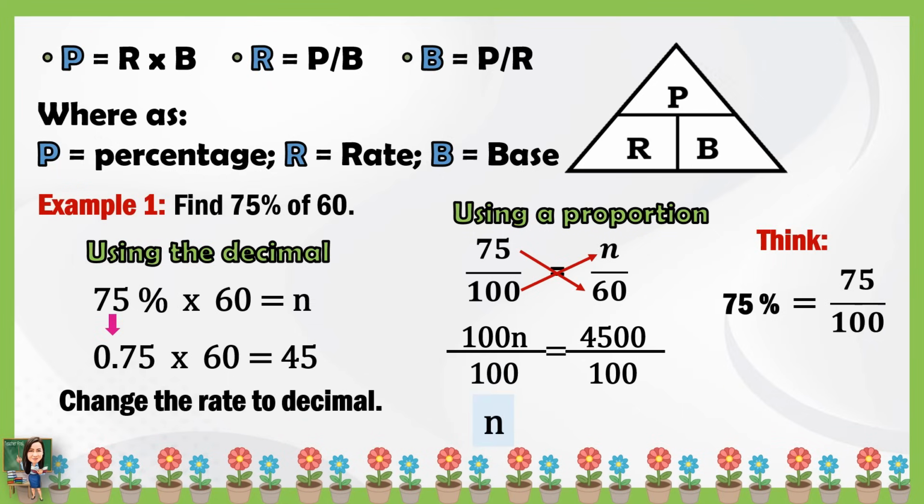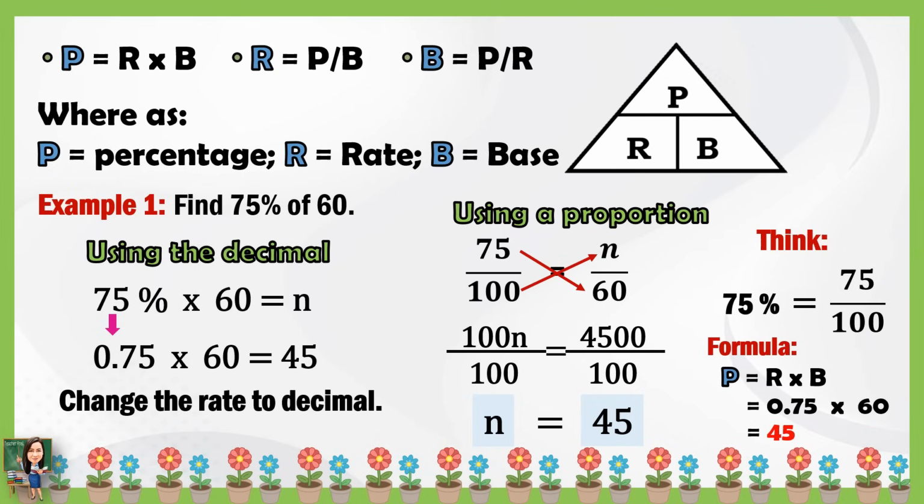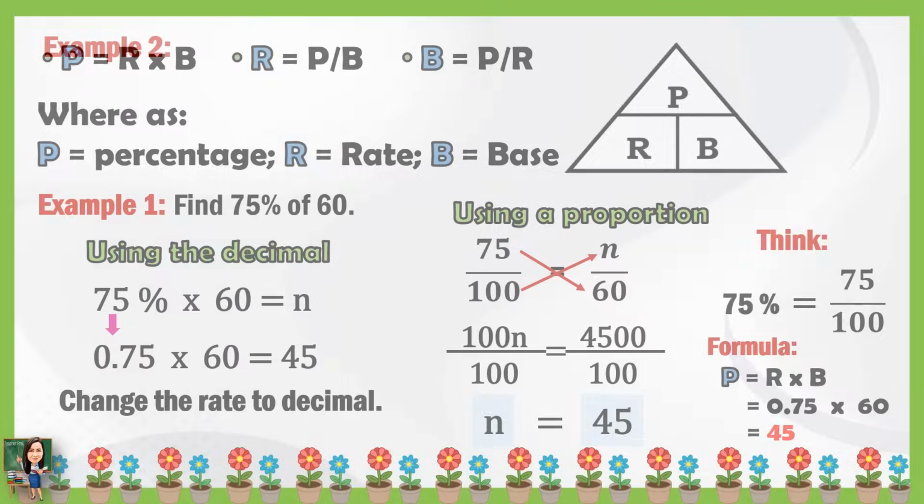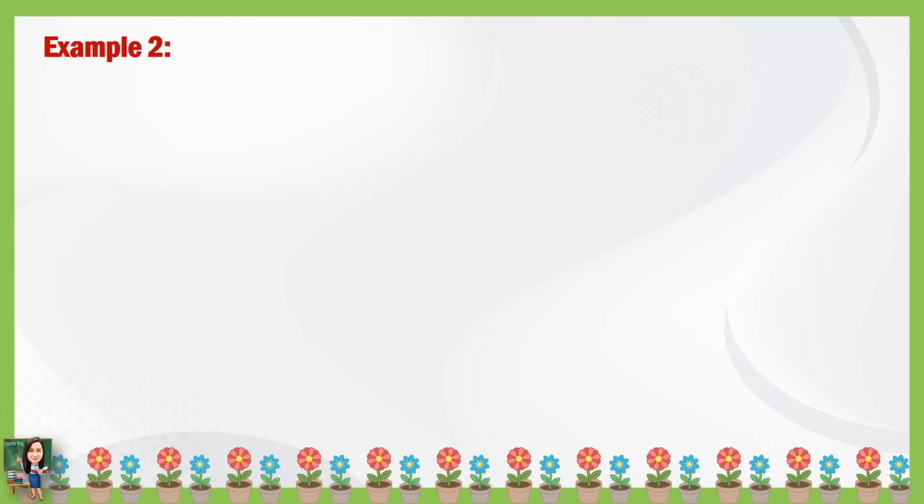And 4,500 divided by 100 equals 45. So that means n is equal to 45. The formula we use is percentage equals rate times base, or 75 hundredths times 60 equals 45. The percentage is 45.